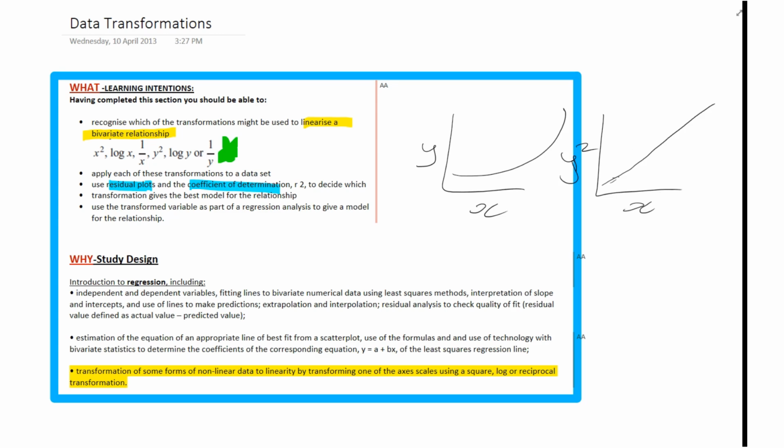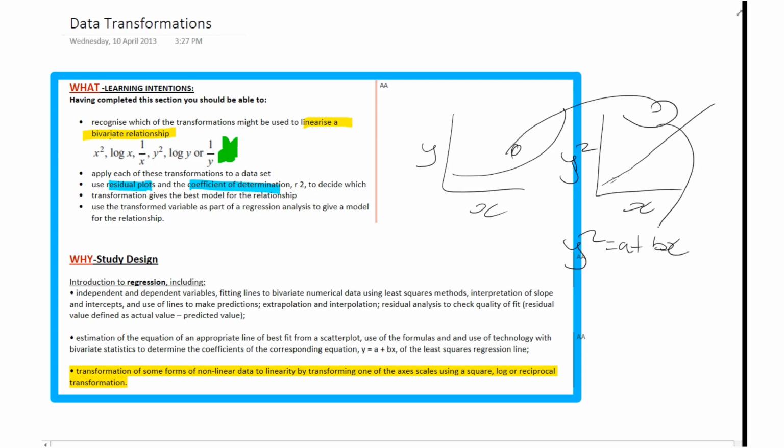I can actually fit a line to that, giving y squared equals a plus bx, and then I solve for whatever I've got to do. I can take this, transform it, get the equation from that transformation, and then go back and make predictions that relate to the original, because if I want y, eventually I'll just have to square root everything. That's the reason you want to do it, because you can still use it.